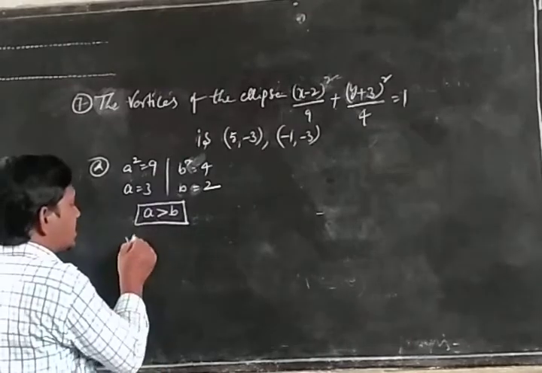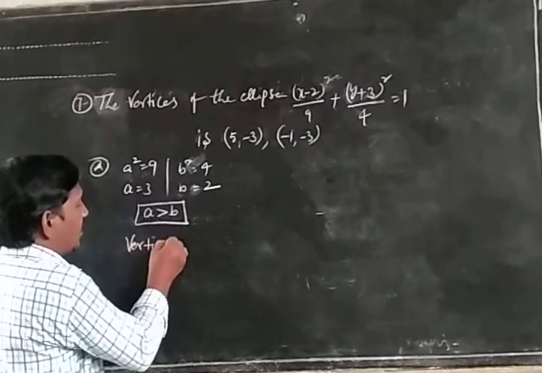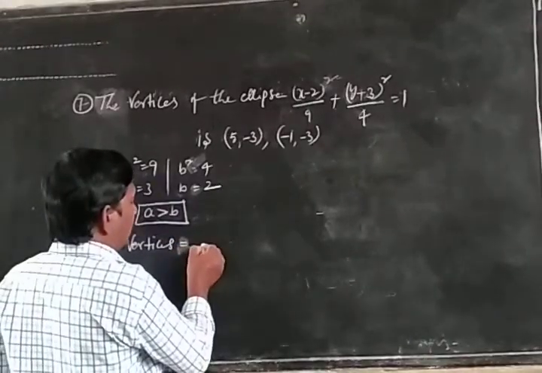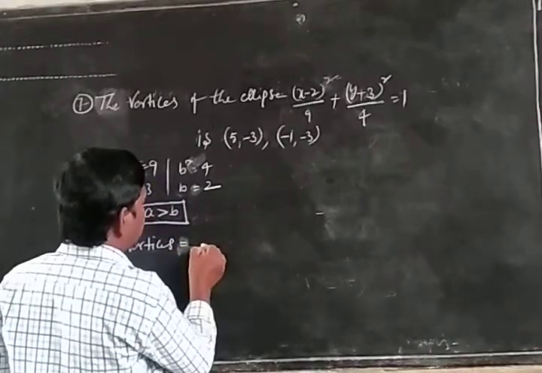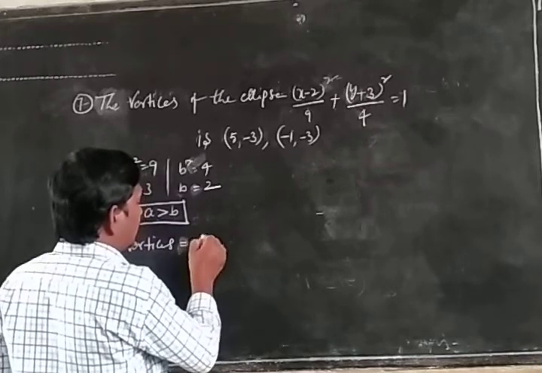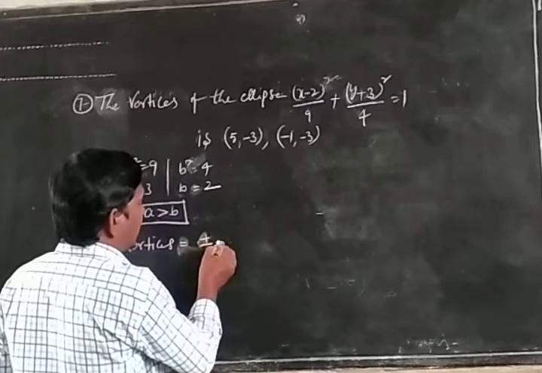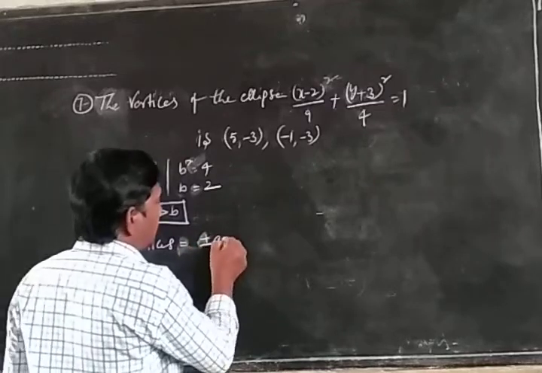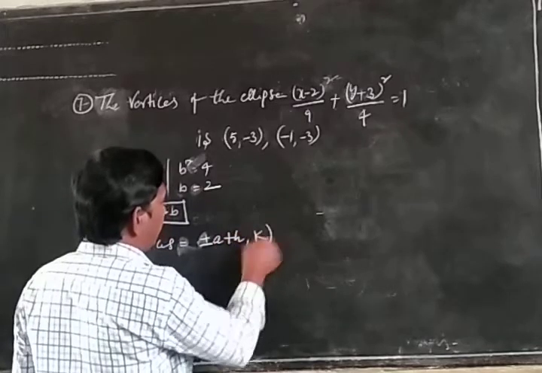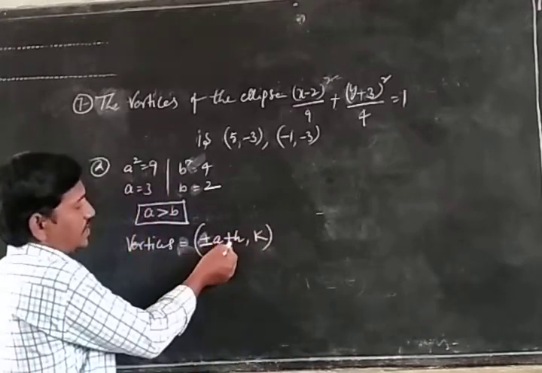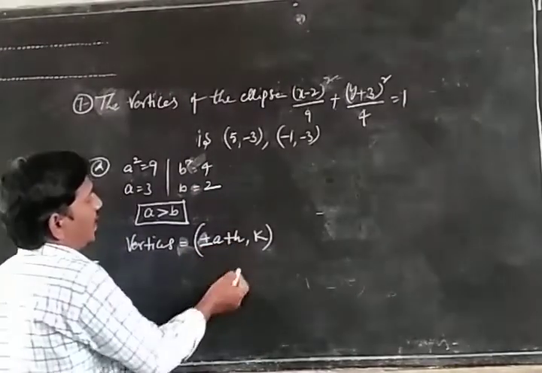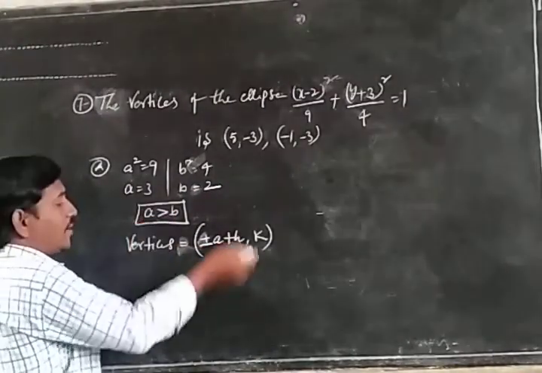The vertices equal to plus or minus a plus h comma k, for a greater than b.